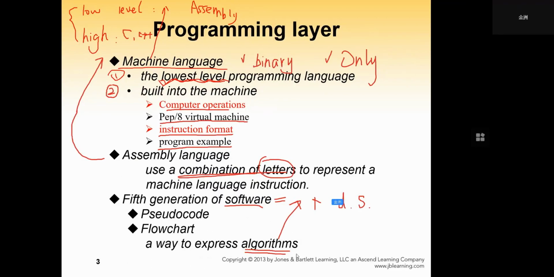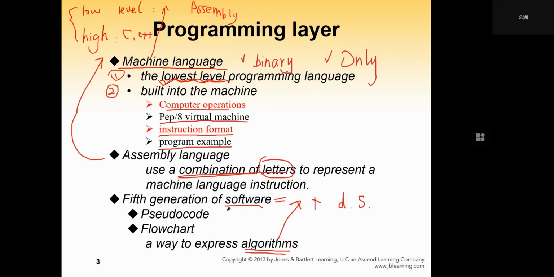The algorithm tells the computer what to do and how to do it, step by step. And the data structure represents the data you need to operate on or access, and how it is constructed, in what kind of manner. Combining the algorithm and data structure together, we can create software.